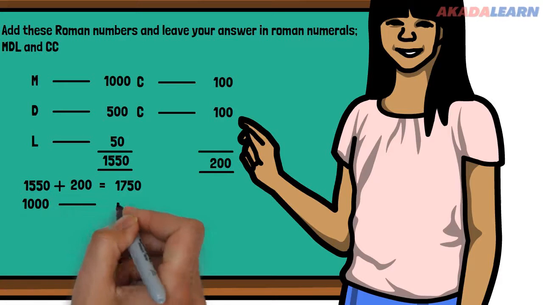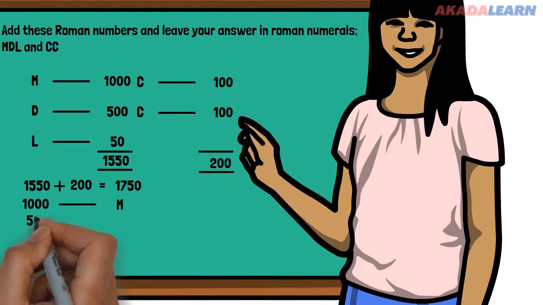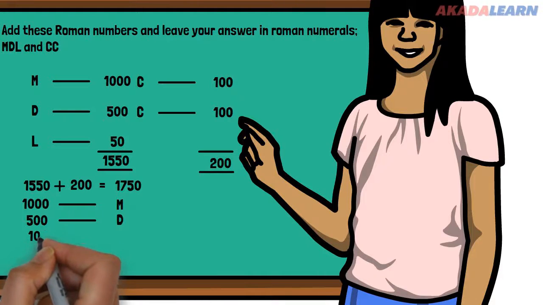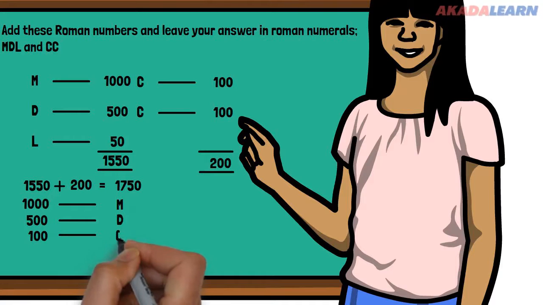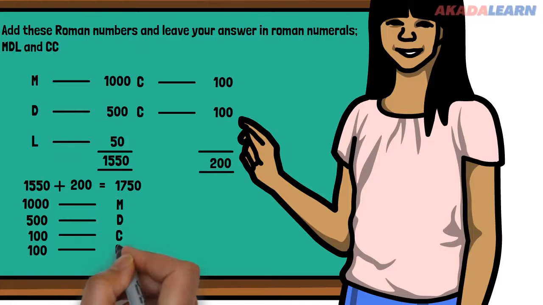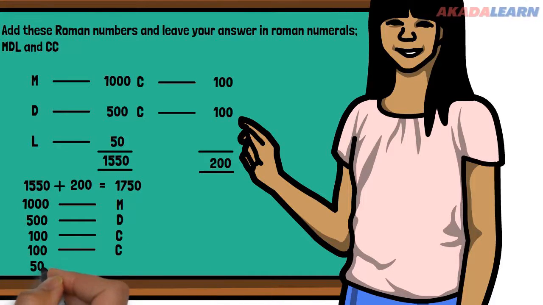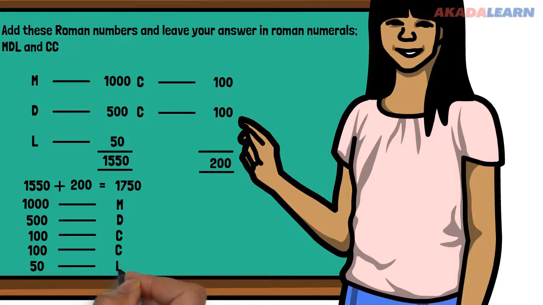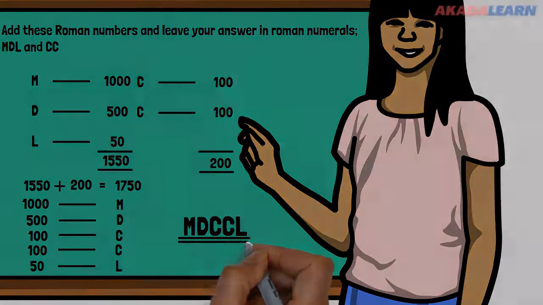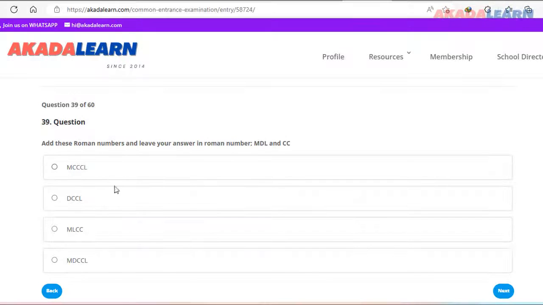Let's break it down. 1000, that's M. 500, that's D. 100, that is C. 100 again, that is C. And then 50, that is L. So altogether we have M D C C L, which is your final answer. So the answer is of course MDCCL. It's 1750.